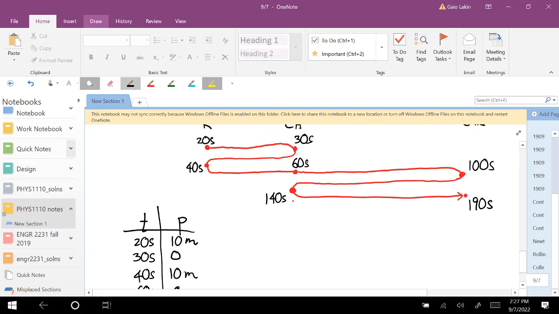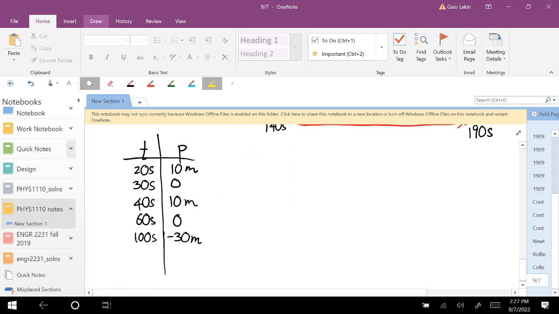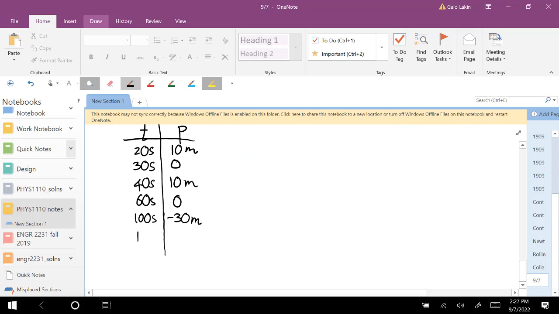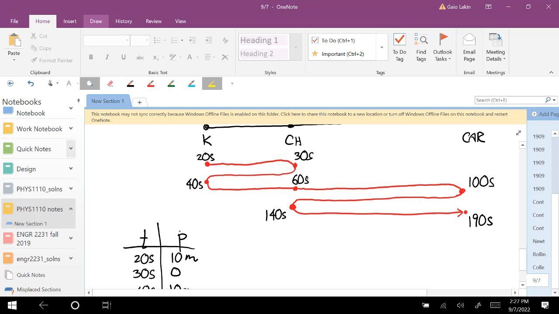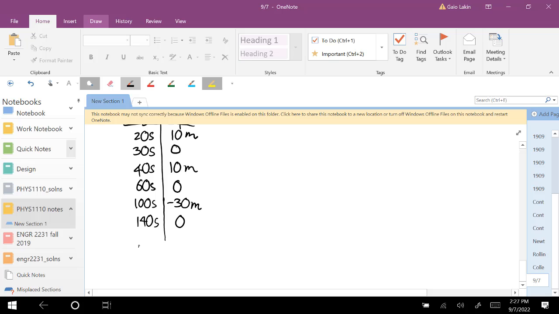At 140 seconds, we're at position 0. And then the last one, at 190 seconds, we're at position negative 30. Okay.